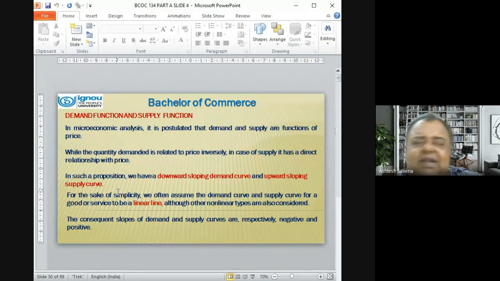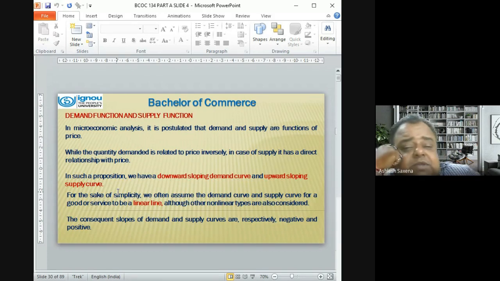It's very well understood. If for any commodity the price is going to decrease, your purchasing power will increase. And if the price increases, your purchasing power will be decreasing. That means it has an inverse effect.